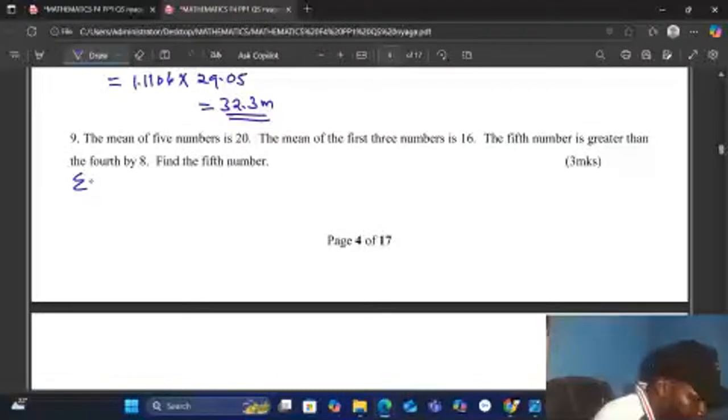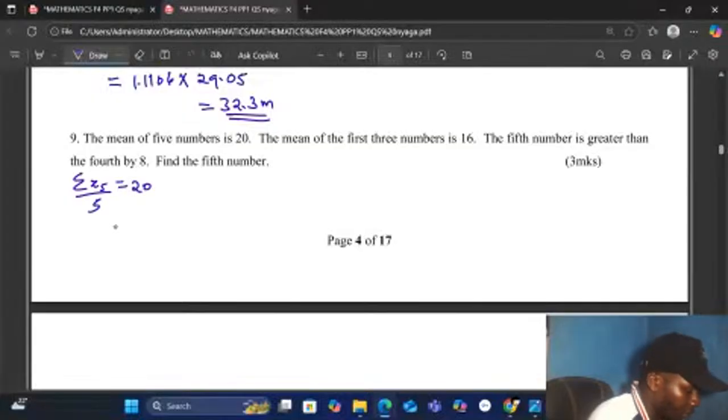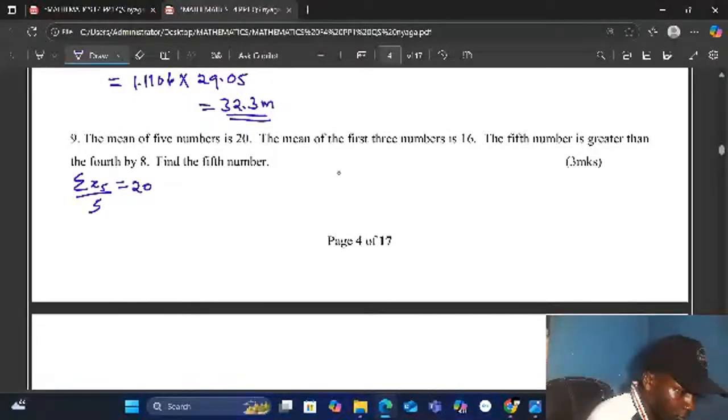We divide by 5, so the sum of the 5 numbers is equal to 20 times 5, which is 100. We multiply by 5 both sides.